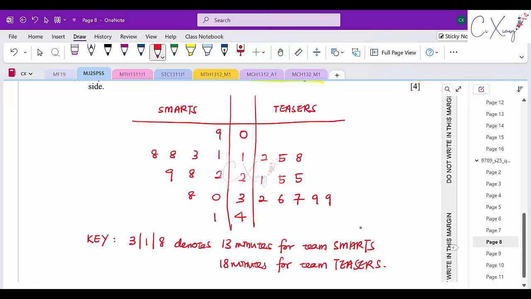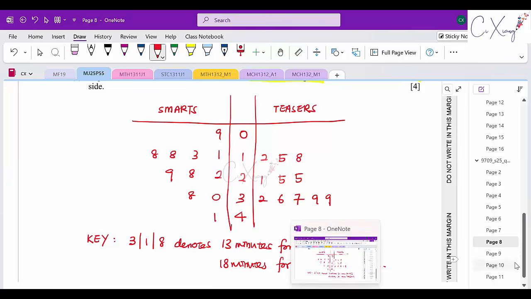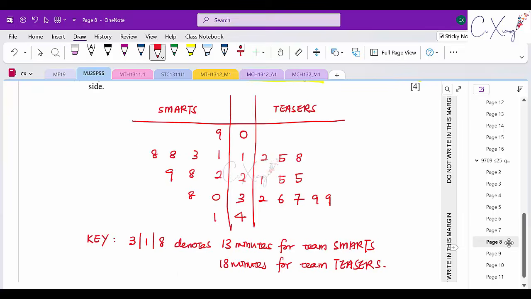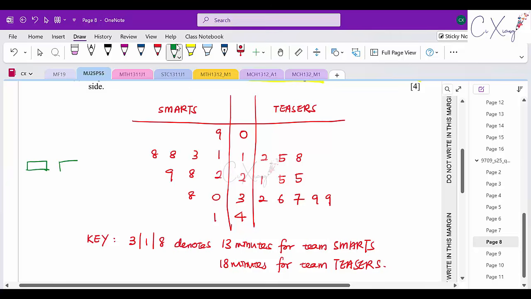Okay, then same thing happens for the Smart team. The smallest value is 09, the largest value is 41. So I put in here first, 09 and also 41. We need to find out Q1, Q2, and Q3 for the Smart team ourselves. We are having 11 data in total, right? So where's the center? The center means that you're having 5 values in front, 5 values at the back.